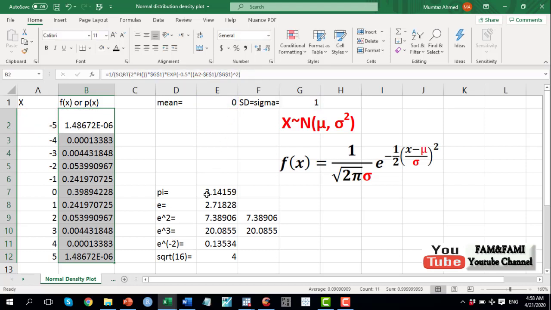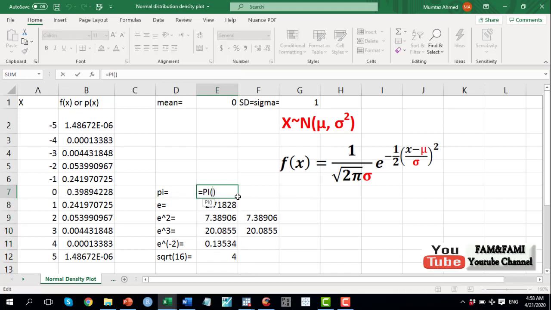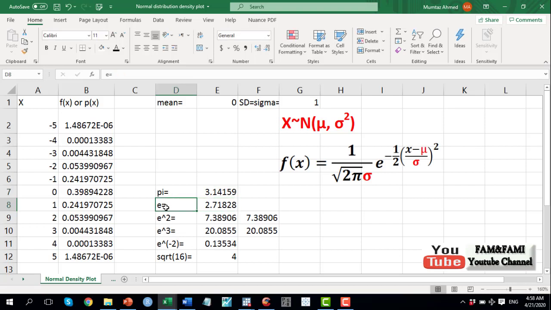So before starting this, here are a few tips. For the pi, generally the Excel command is equal sign, pi, and then the open parenthesis and close parenthesis. And this e is also a mathematical constant, and this pi is the mathematical constant 22 over 7, 3.1415.